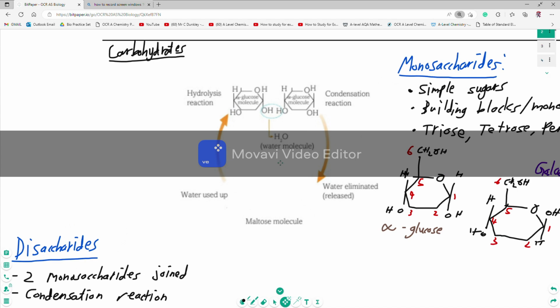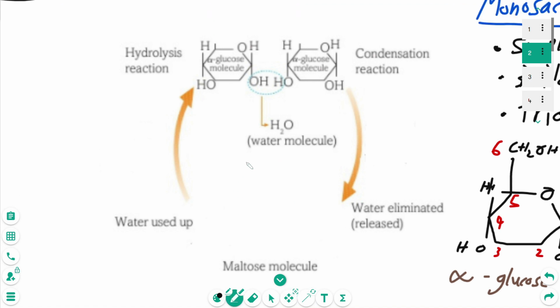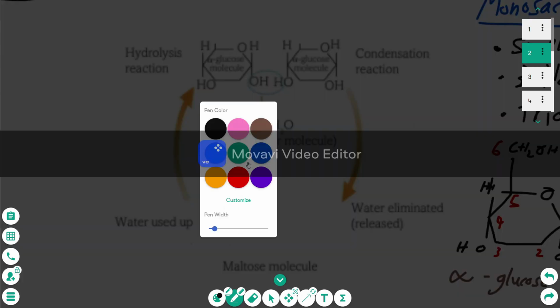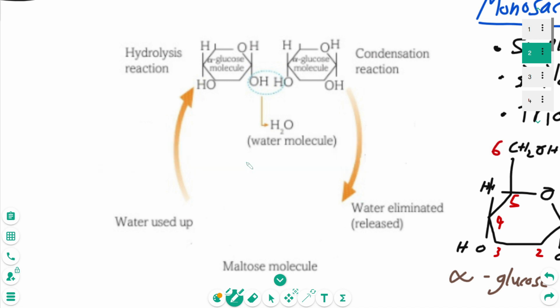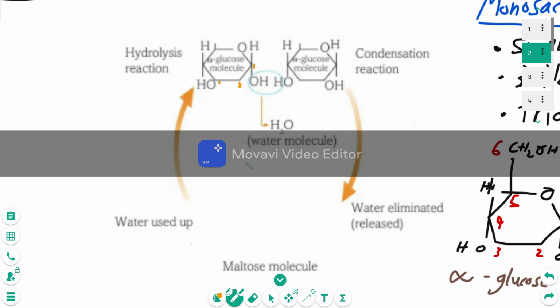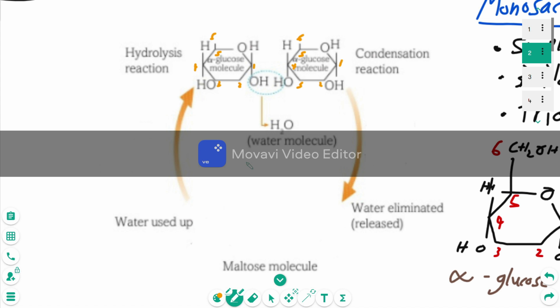If we have two alpha glucose molecules here, what happens is the OH of carbon number 1, let's say 1, 2, 3, 4, 5, 6 there, and the OH of carbon number 4, you won't be able to see these 4, 5, 6, lose a hydrogen and lose two hydrogens and an oxygen to form a water molecule in a condensation reaction.